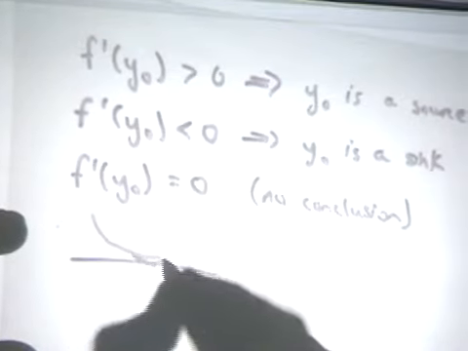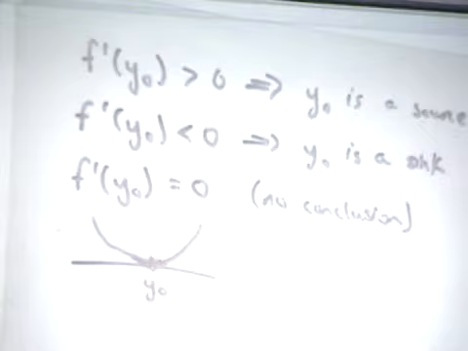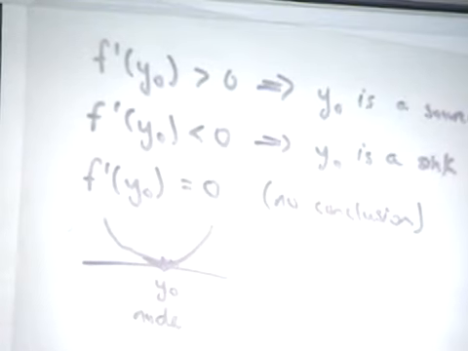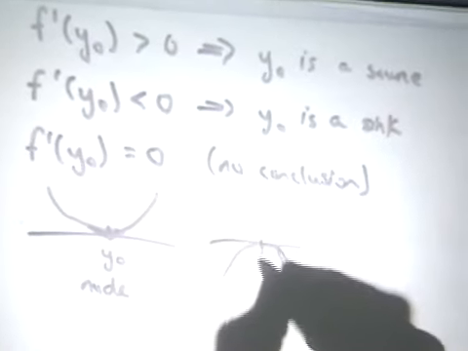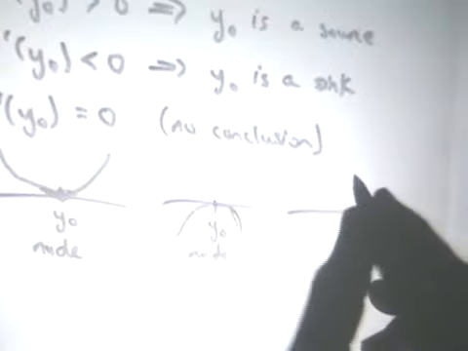The graph could look like this at y0, and you'd have a node for the phase line, or it could look like this, and you'd have a node, or it could even look like one of these two.